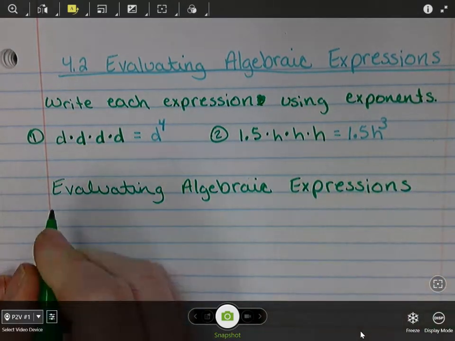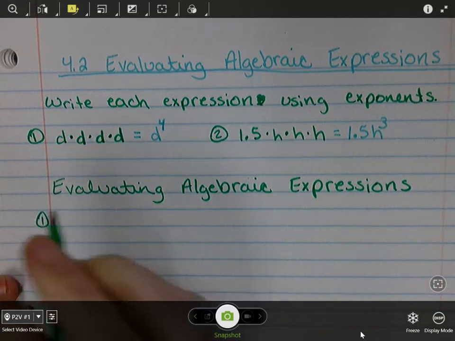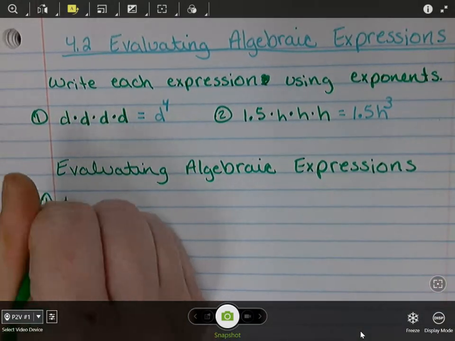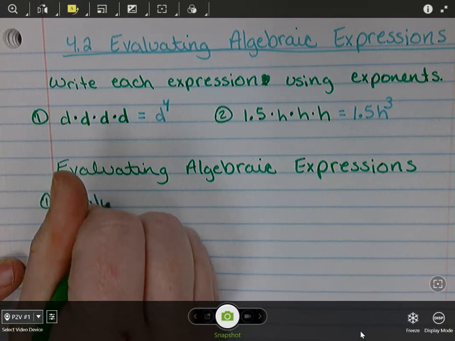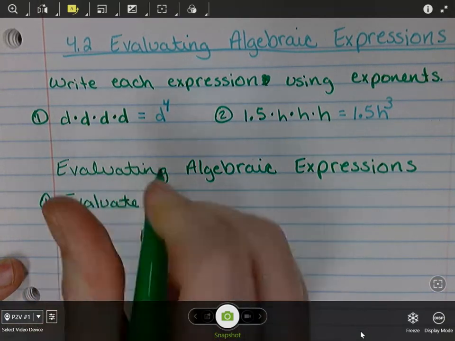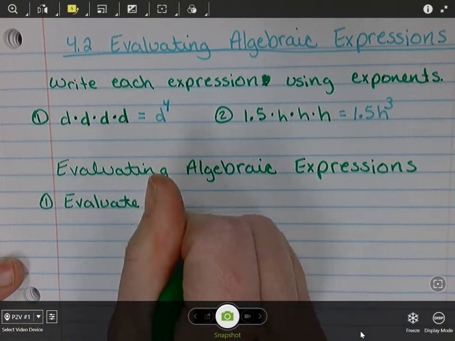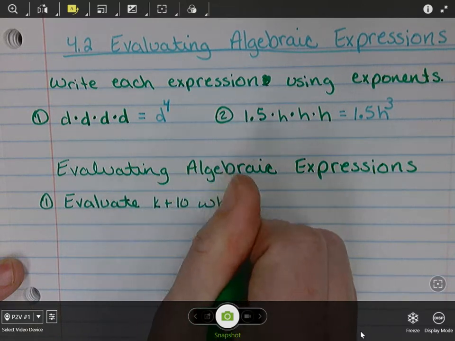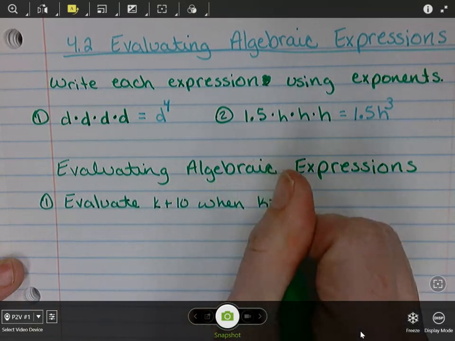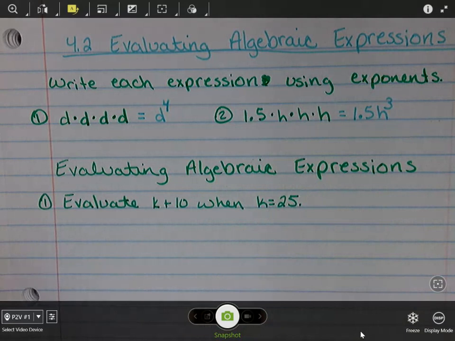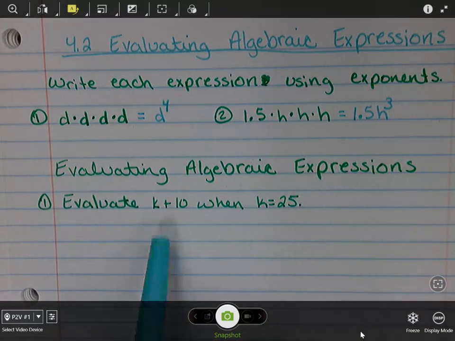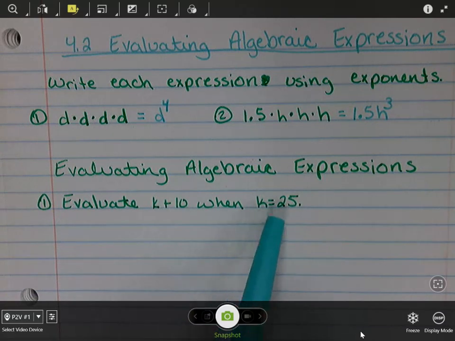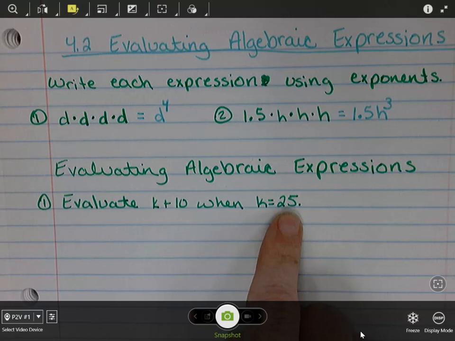Number 1, it would say in the directions, evaluate k plus 10 when k is 25, or is equal to 25. What this means is it wants k to be equal to 25. So if k is equal to 25, I can substitute in 25 wherever there's a k.